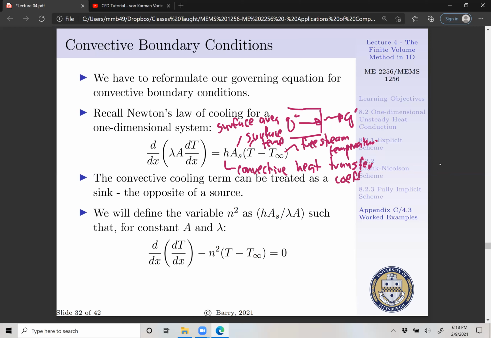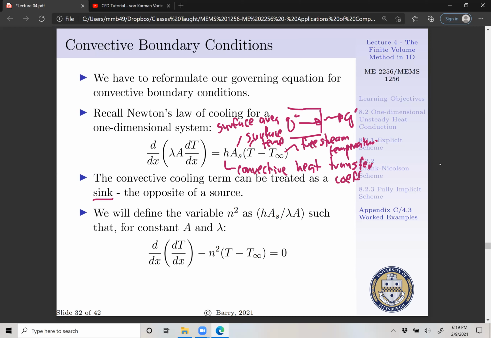Or, since this is removing heat from our system, or potentially we could have it applying heat to our system, we could model it as a sink or a source, respectively. In this particular situation, we're going to assume T infinite, our free stream temperature, is probably less than that of our system. So this cooling phenomenon, this convective phenomenon, we can model as a sink.